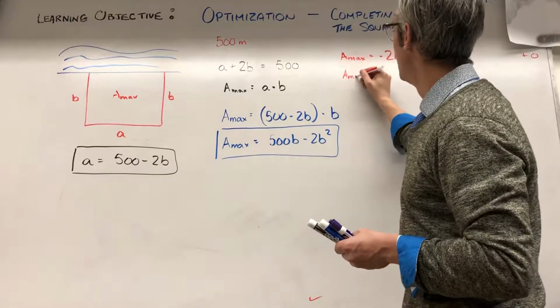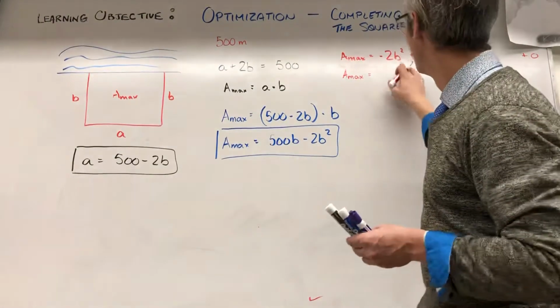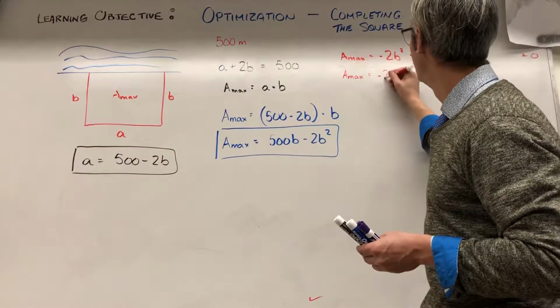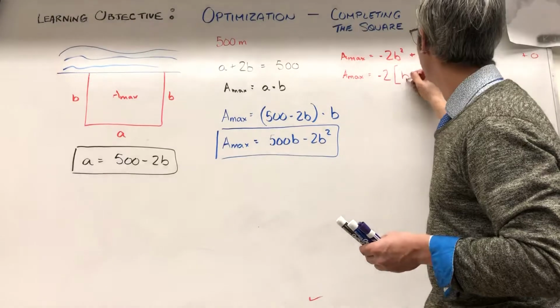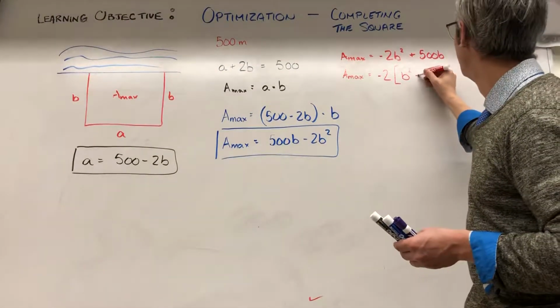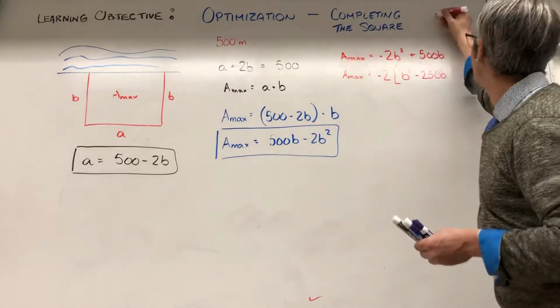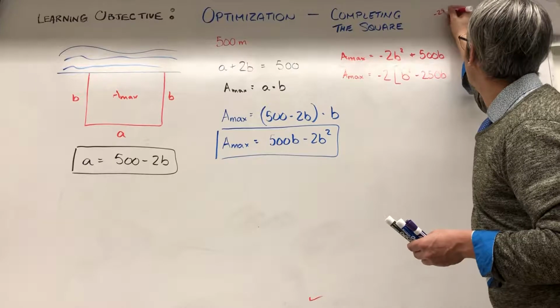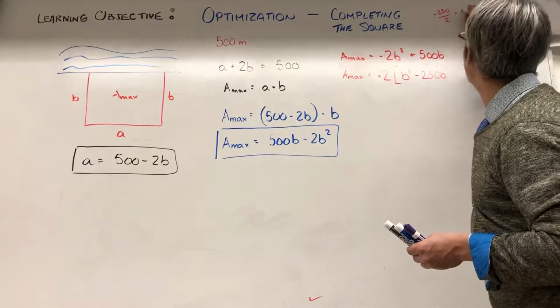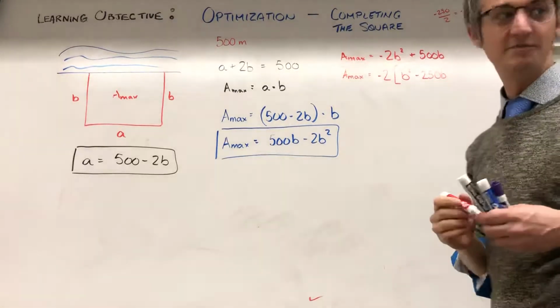Then I have A max, and I don't want anything in front of my B squared, so I'm going to pull out a negative 2, and that makes it B squared. What times negative 2 gives me 500? Negative 250. And then negative 250 divided by 2 is negative 125.